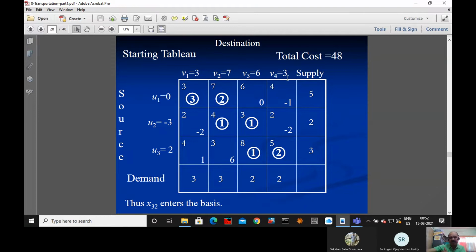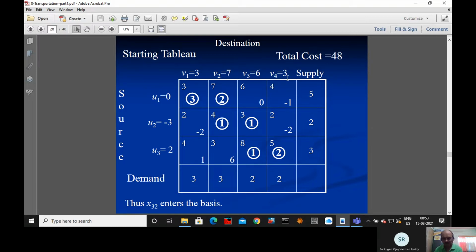Now, what is the next step? We are interested to check whether the given solution is optimal or not. Altogether we have 12 cells, 3 into 4, out of which 6 we have allocated, another 6 are left out.